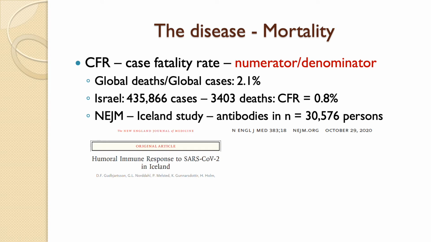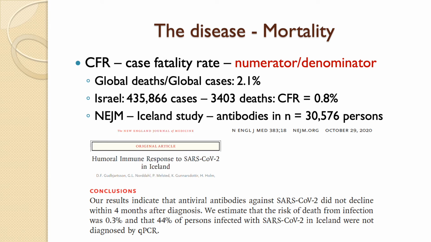This is a very interesting study published in the New England Journal of Medicine, the Iceland study, where they measured antibodies in over 30,000 persons. And the conclusion was that antibodies against SARS-CoV-2 did not decline within 4 months after diagnosis, but they estimated that the risk of death from infection was 0.3%.